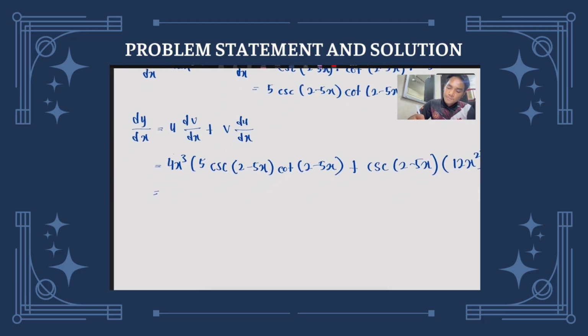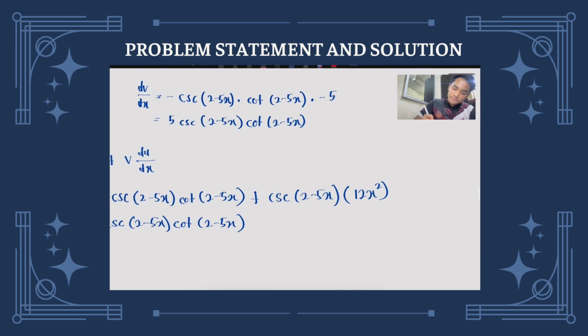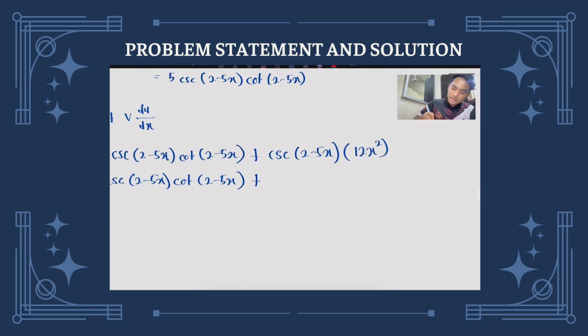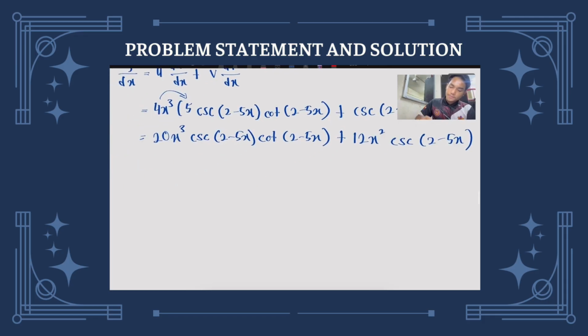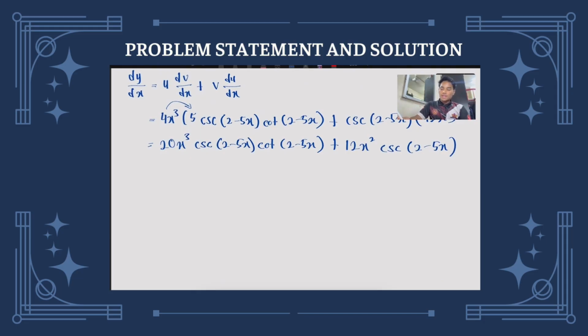4 times 5, you get 20x to the power of 3 cosecant of 2 minus 5x cot of 2 minus 5x plus 12x squared cosecant of 2 minus 5x. After you get the answer, you should factorize it.